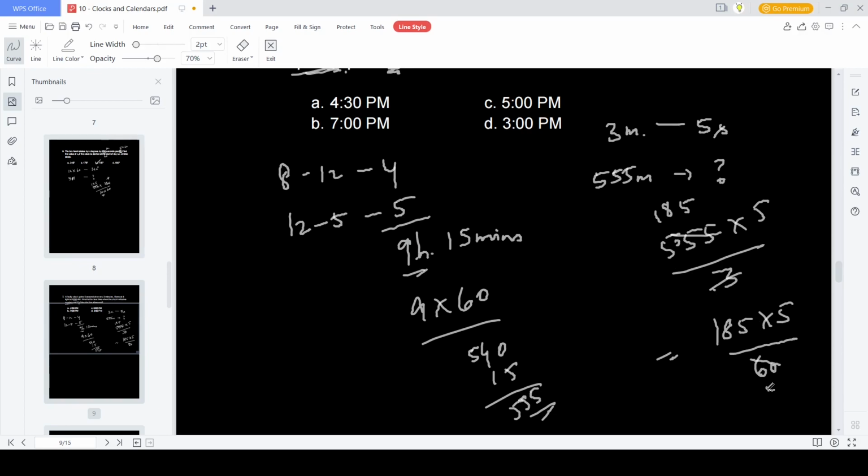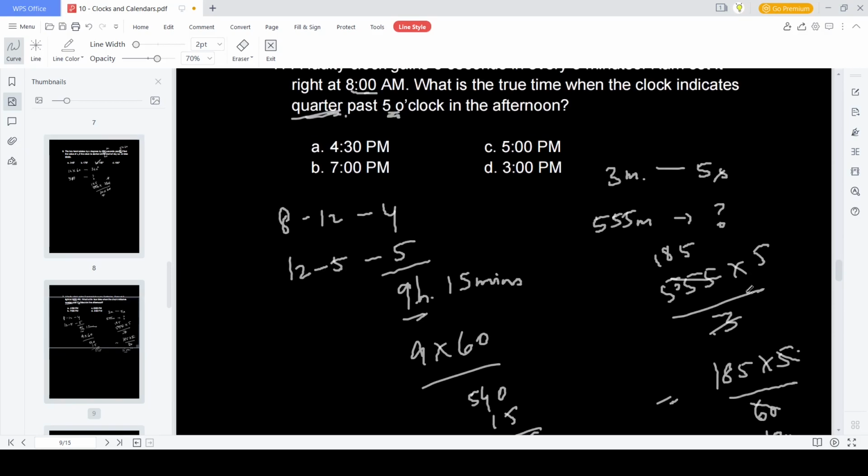Okay, so this you can cancel 12 times because 12 5s are 60. So 185 by 12 is left, which is nothing but 15 and a half minutes almost. Okay, so that is all. 15 minutes is gained. Okay, so if 15 minutes is gained, actual time is just 5 o'clock. It's not 5:15, but it's only 5 o'clock.